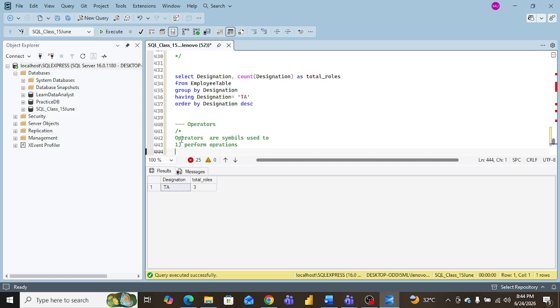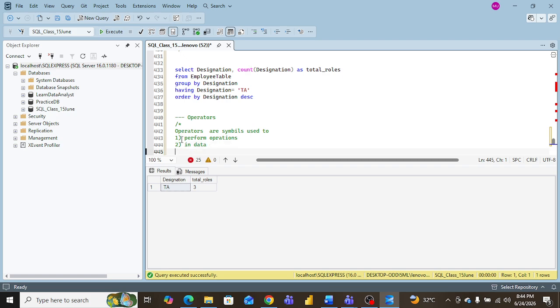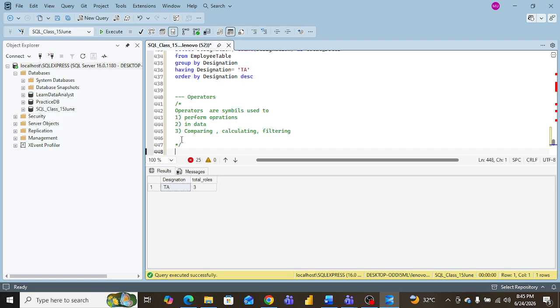Here we have to use them on data. What kind of data? Like comparing, calculating, and filtering. Right? So this is the operation.